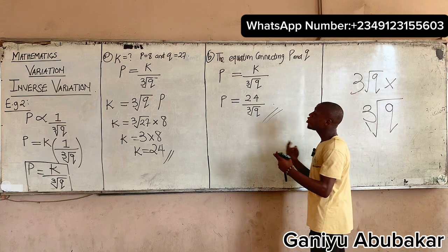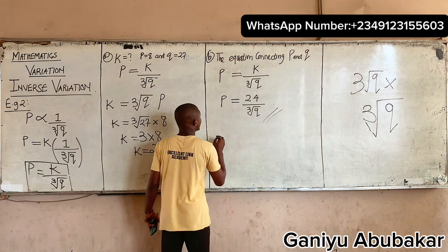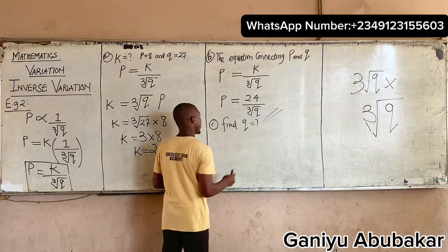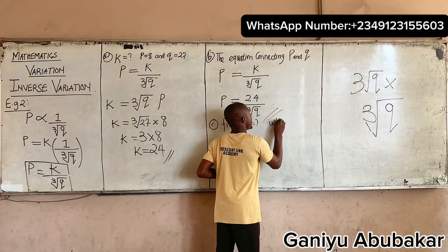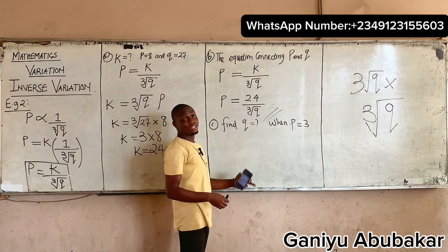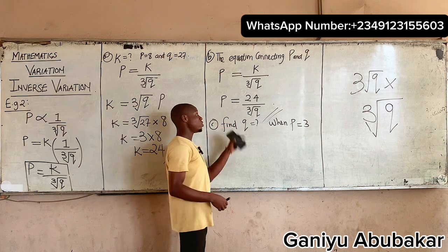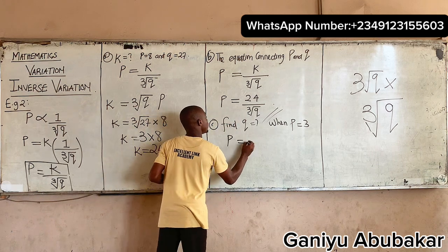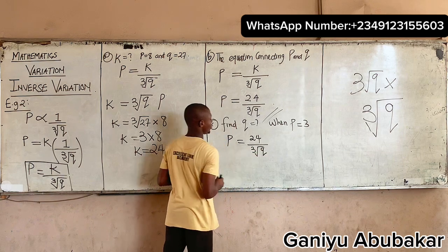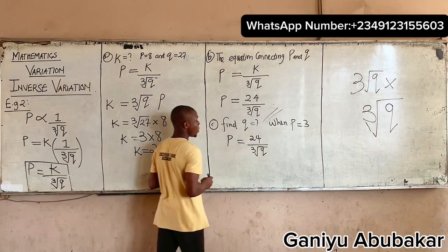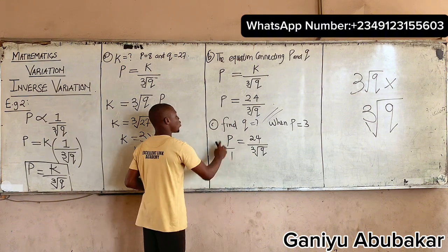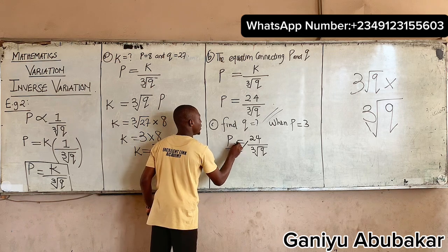Finally, question C says find Q when P is 3. To find something when something is something, it's easy. Go back to your connection. That becomes P equal to 24 over the third root of Q. I want to make Q the subject because I'm looking for Q. I will multiply: this times this and this times this.